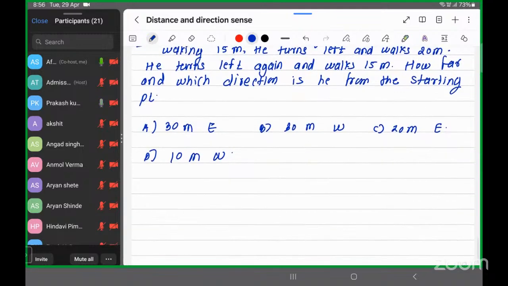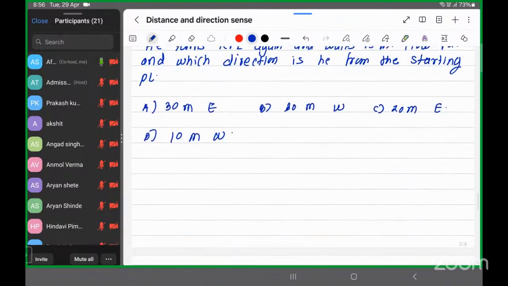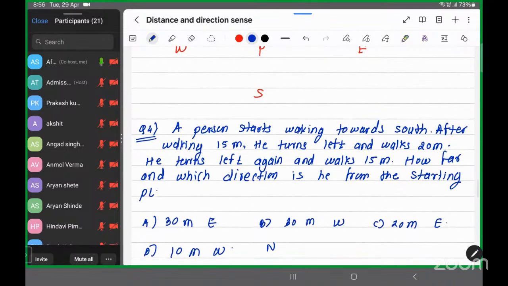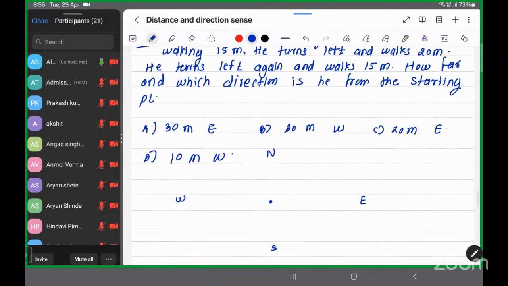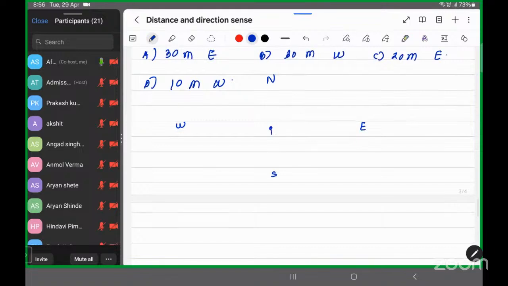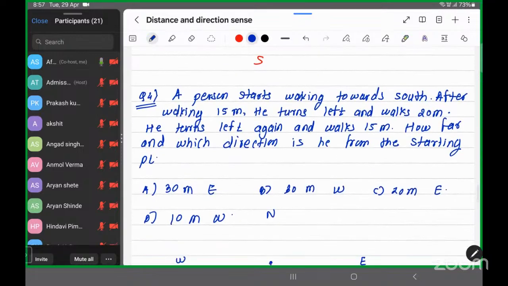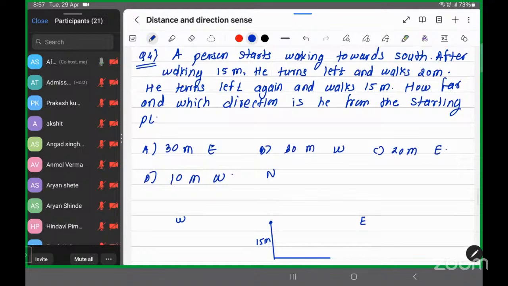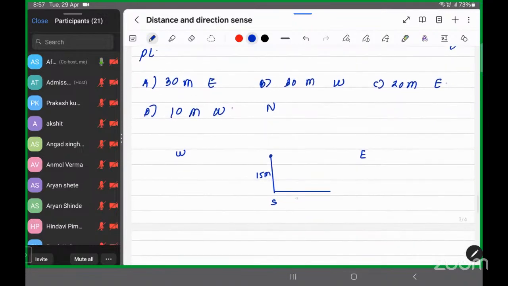After walking 15 meter. Okay, let's see. He started the journey here. N E W S. At the start, a person starts walking towards south, and goes for 15 meter. After that, he turns left. If he turns left, he goes to the east, and walks for 20 meters.